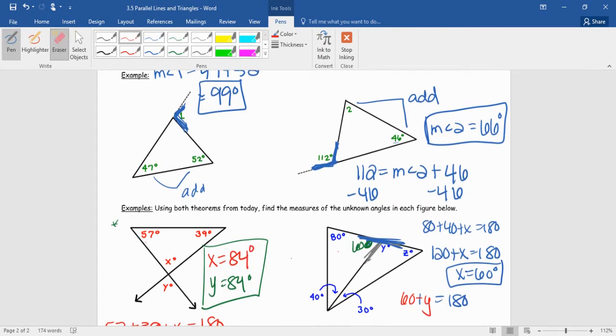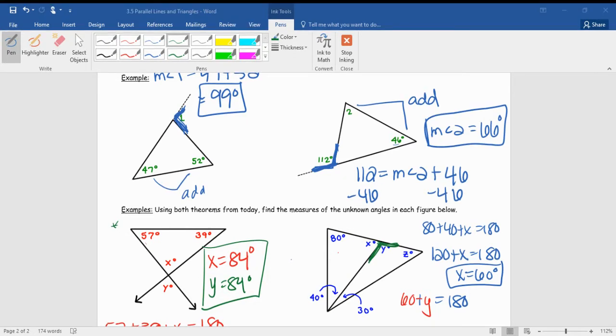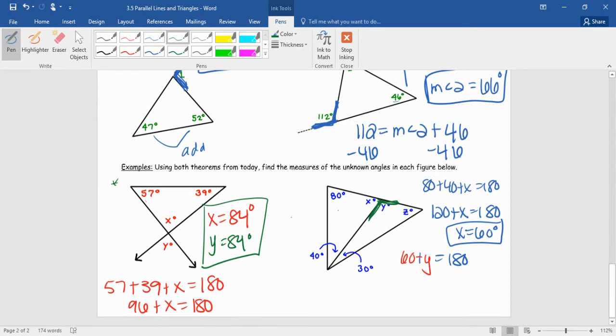So y, here's this angle y, is an exterior angle to this triangle on the left with the 40 and the 80. And since it's an exterior angle, that means it's going to equal the sum of those two guys, the 40 and the 80, which we already did once and figured out that it's 120. If you were going to write it this way with the x and the y and the 60, you would just subtract the 60 and you would still get that y is 120. And it's an angle, so I'll put degrees.